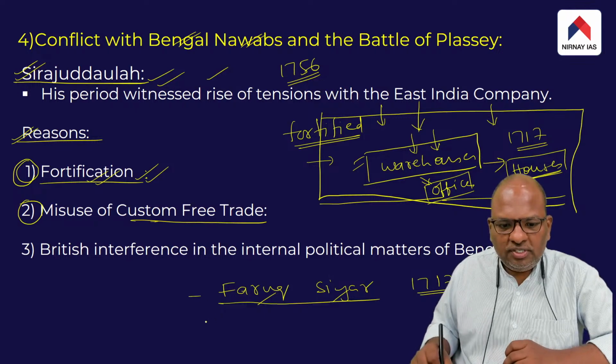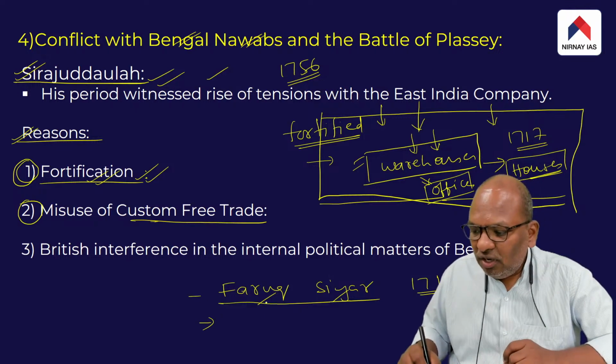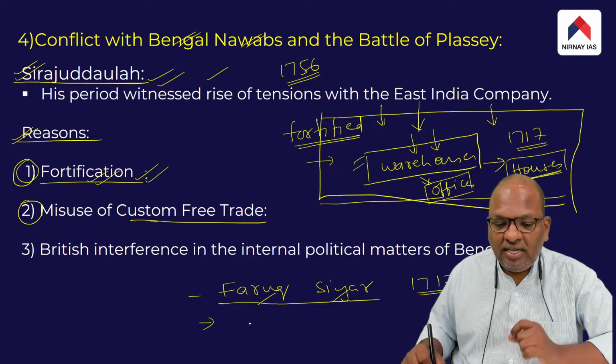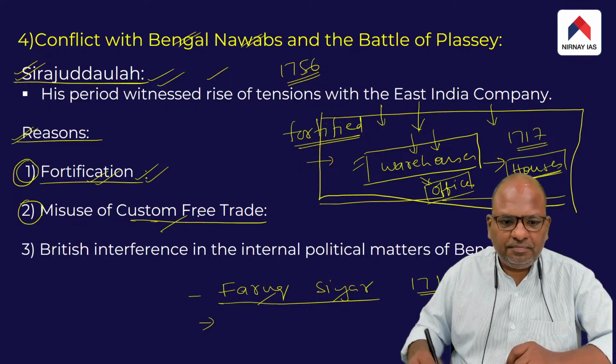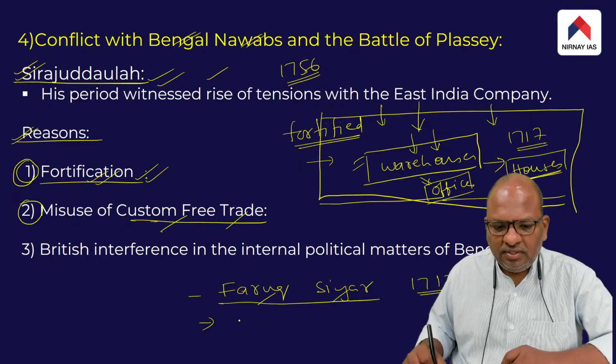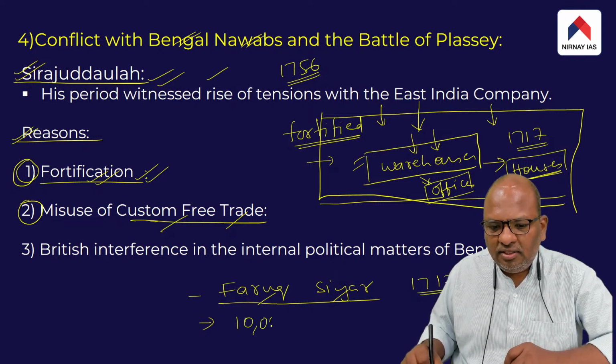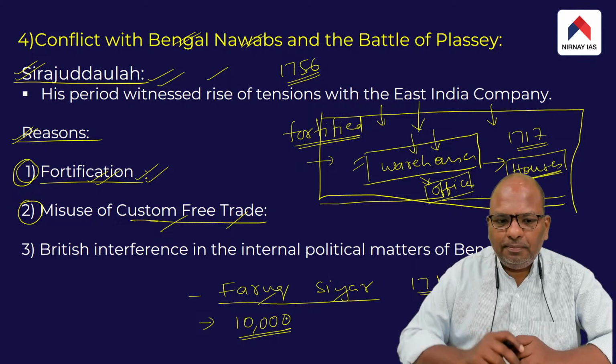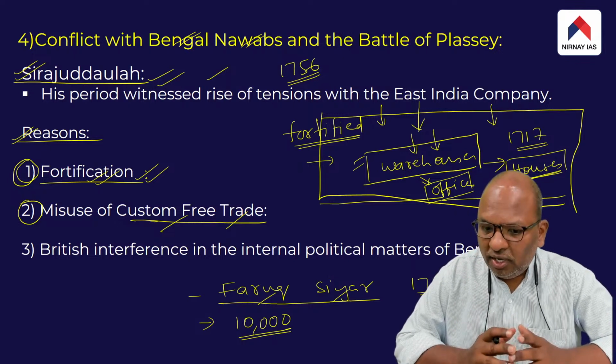Under it, the British were allowed to carry out custom-free trade in all parts of India by paying 10,000 rupees annually to the Mughals.